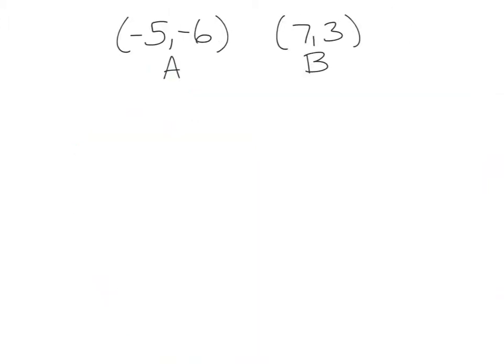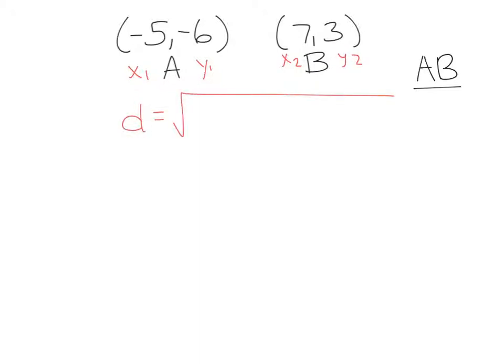Okay, in the last example, if we're trying to find AB, it means we're trying to find the distance between A and B. So I'm going to label it x1, y1, x2, y2. So its distance equals the square root of x2, which is 7, minus x1, which is a negative 5, squared, plus y2, which is 3, minus y1, which is negative 6, squared.